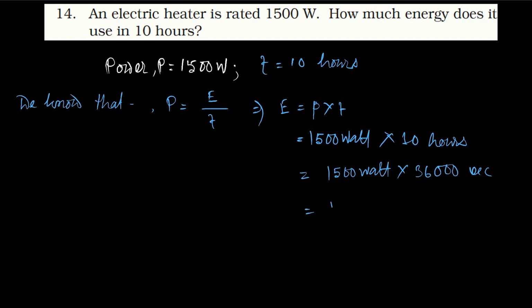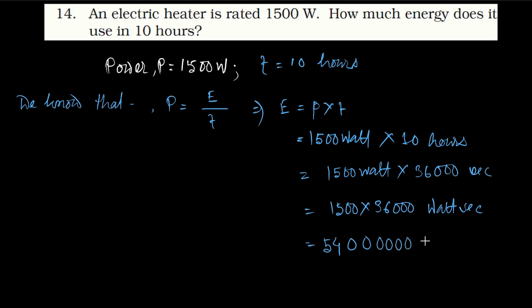So 1500 into 36000 watt second. If you solve this, 1500 and 36,000, you are going to get almost how much? Just solve it. Okay, 15 into 6 equal to 90. 9 is remainder. 15 into 3, 45. 45 plus 9, 54.